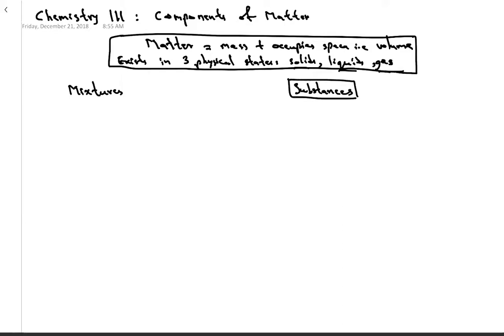The main difference between the two is when it exists as mixtures, it consists of two or more components and they are in variable proportions.